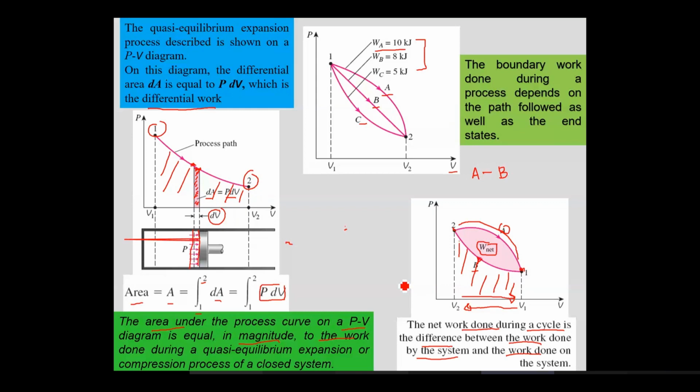Net energy change in a closed path. Net energy change: energy is a state function or a path function? State function. So if your states are fixed, the net energy change would be what?